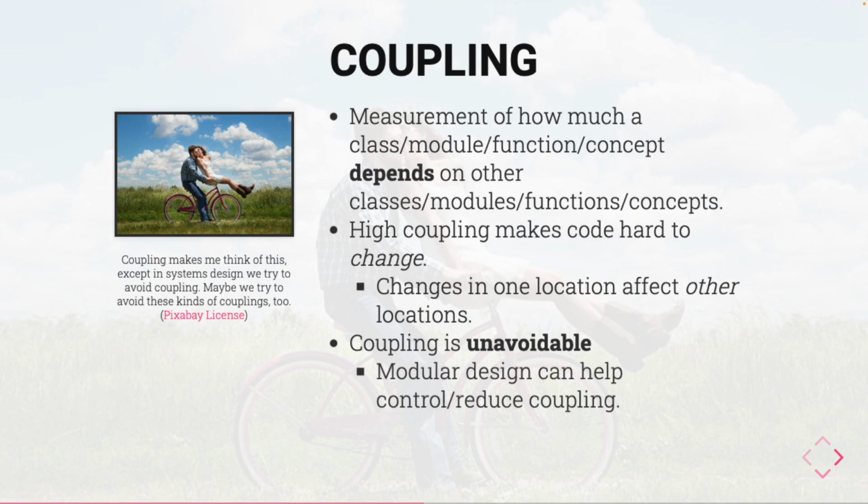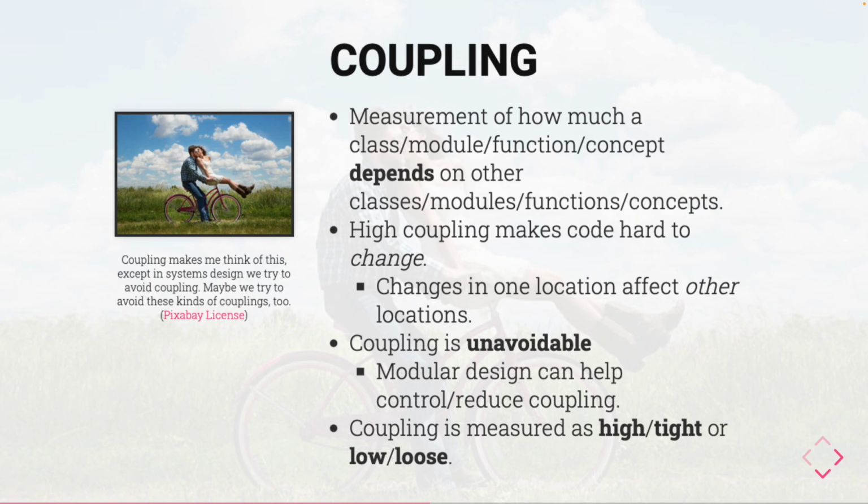But we use modular design to help control or reduce coupling. We could call coupling high or low, similar to cohesion, or we could say that it's tight or loose.